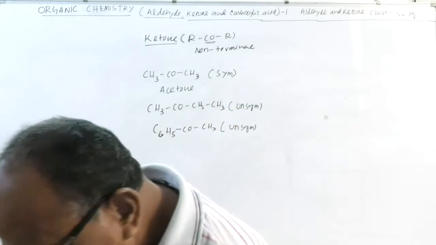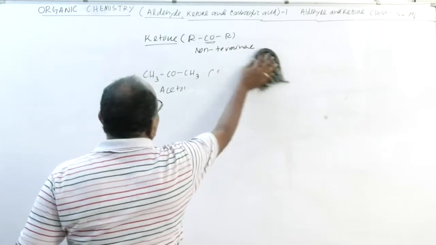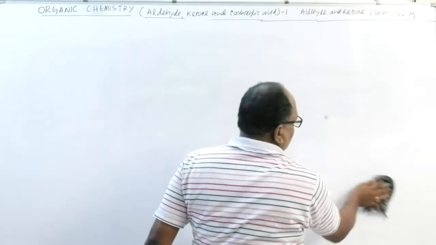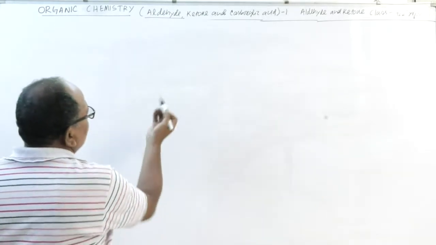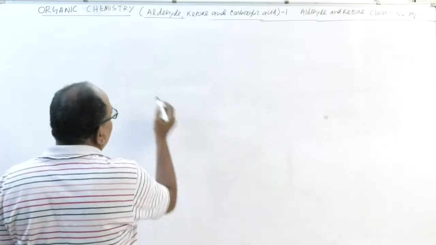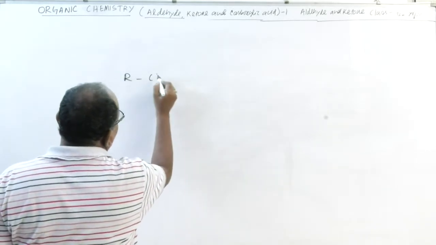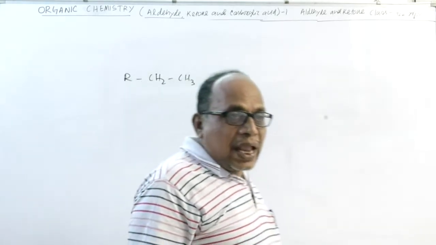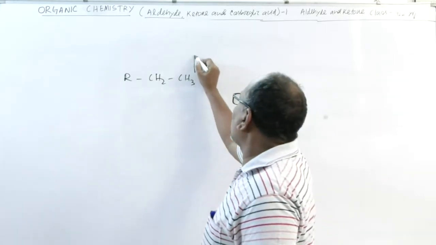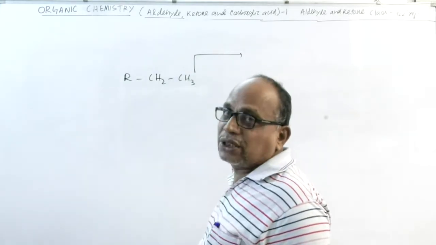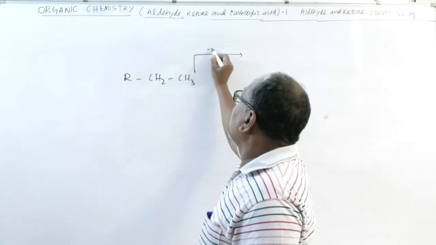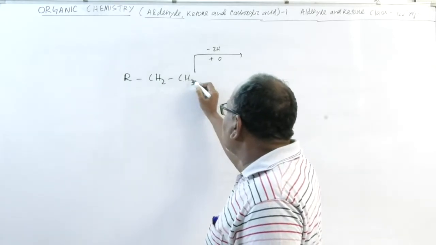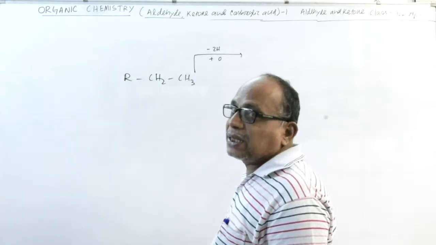Okay, students. Now you can also say aldehydes and ketones can be derived from the alkanes. Suppose you take an alkane. Alkane is any saturated hydrocarbon, that is R CH2 CH3. If two hydrogen atoms of the terminal carbon atom are replaced by an oxygen atom, so this CH3, two hydrogens are removed, and in that place you place oxygen.